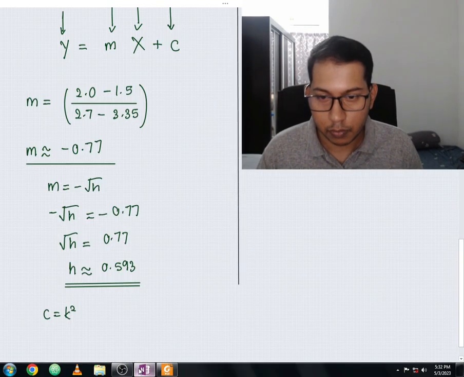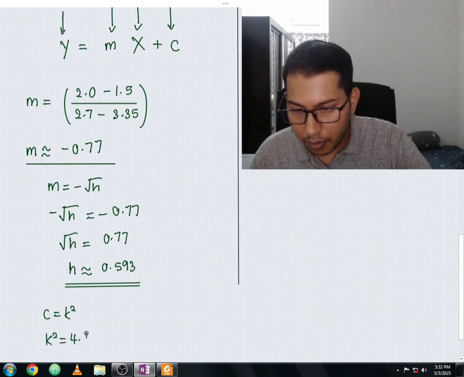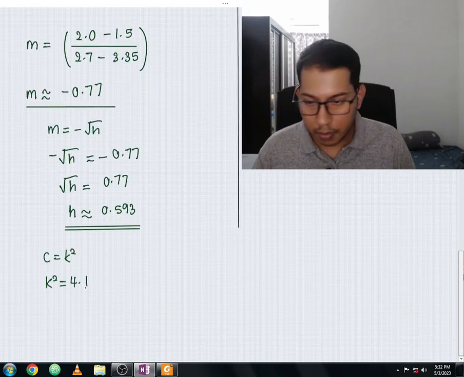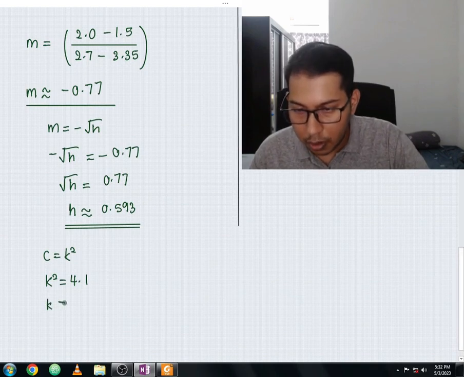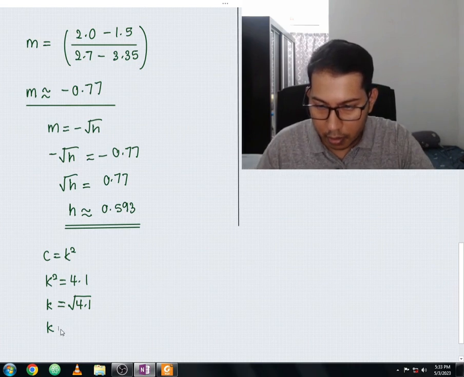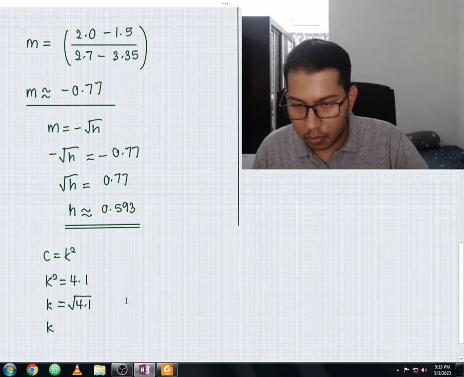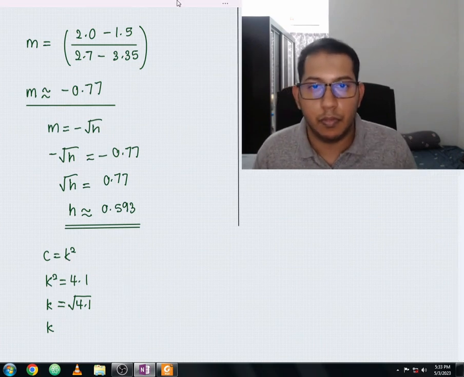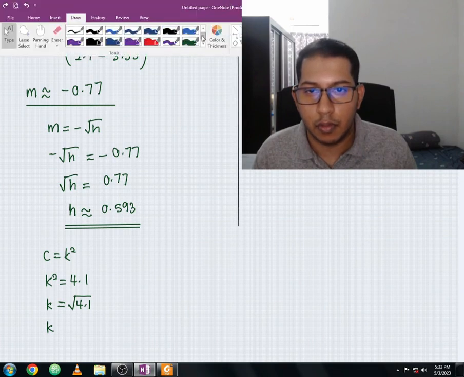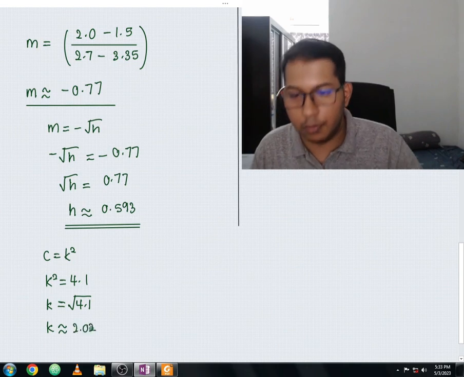c is equal to k square, and from the graph k square equals 4.1. So to get k, you square root 4.1, and from here you should get your k approximately 2.02.